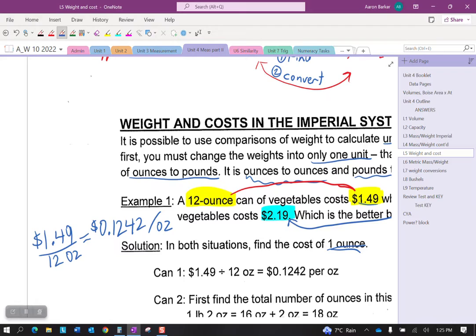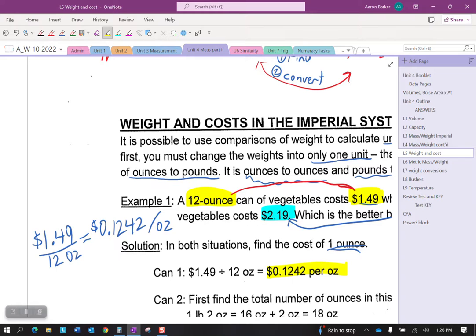It's important here to keep all your decimals. Do not round. Do not round. Because you don't know which digit you're comparing. You might have to compare the very, very last digit. You don't know yet. So do not round at this stage. So can one, pretty straightforward.